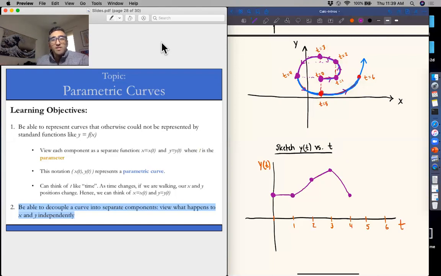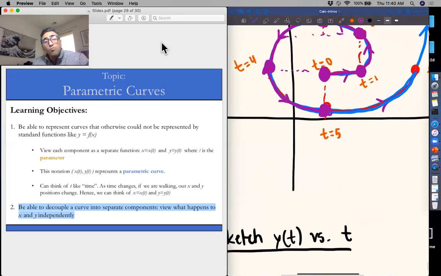All right, then between t equals 4 and t equals 5, in terms of our motion, we're starting off at a higher y value at t equals 4, and we're ending at a lower y value at t equals 5. So our y value is decreasing. Another thing we can notice is we are getting really close to that x-axis here, which means our y value is still positive because it's above that x-axis, but it's really close.